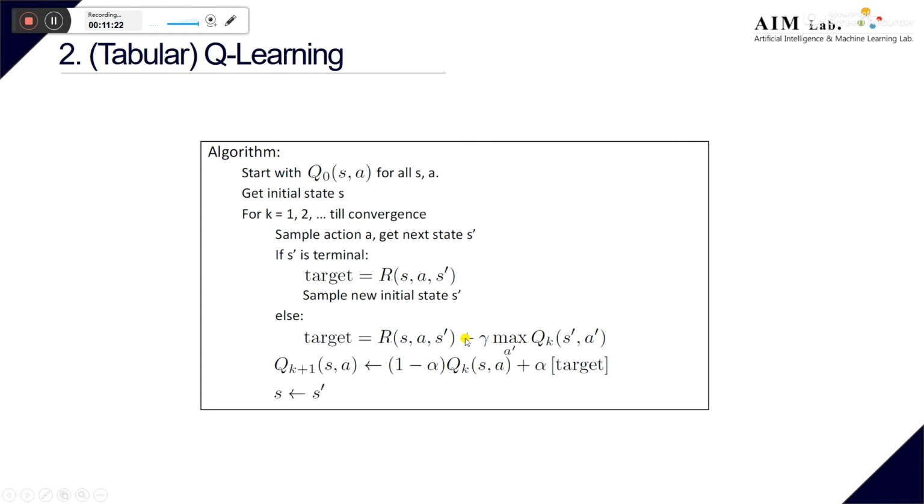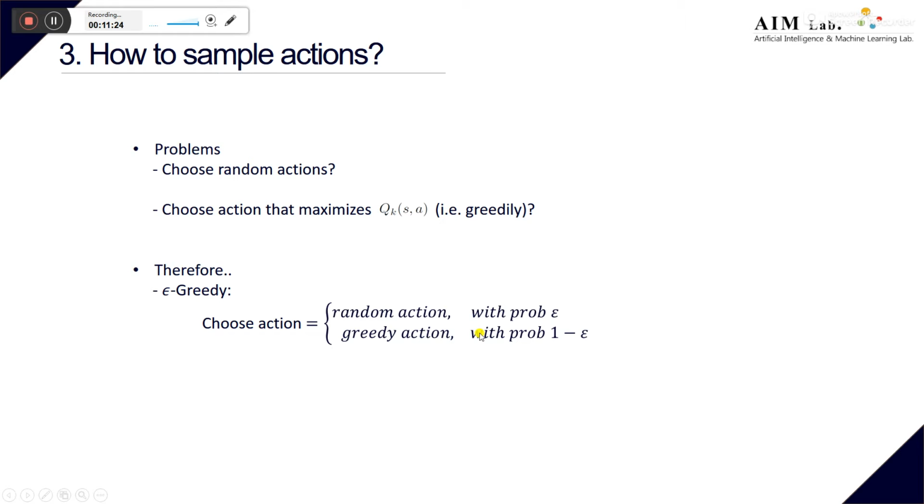There are some problems in sampling of actions. There are two ways to choose actions.